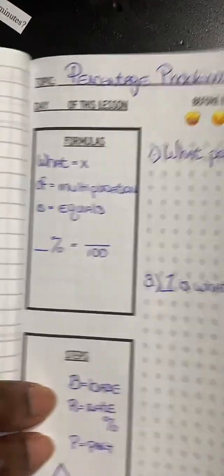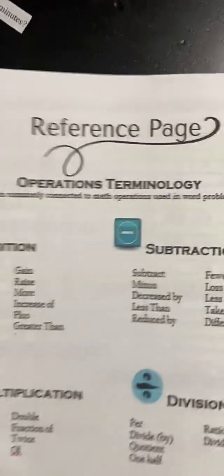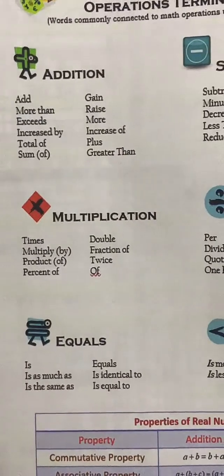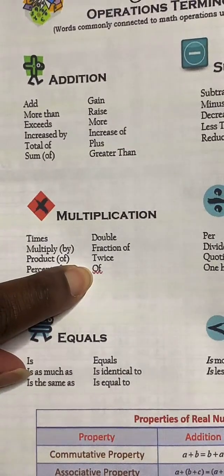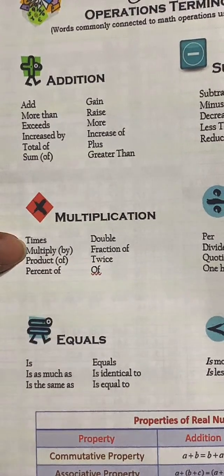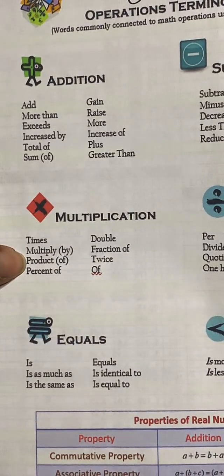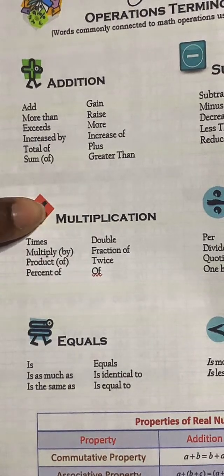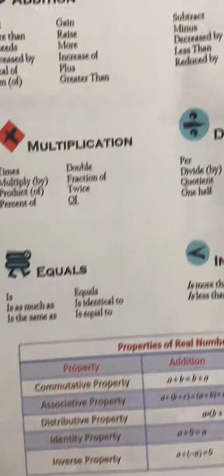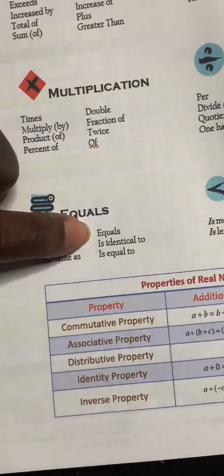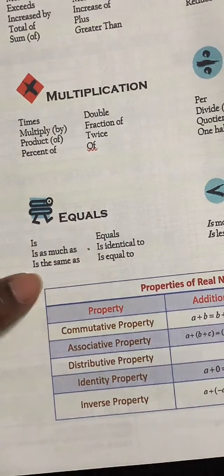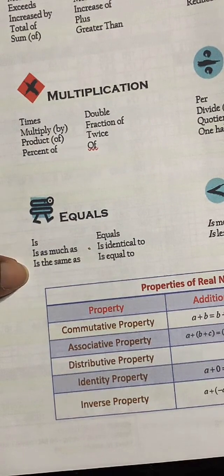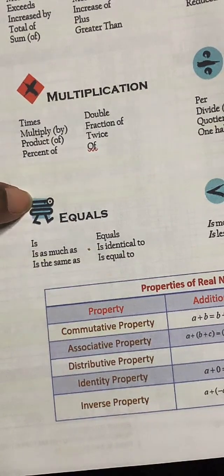So in my handy dandy notebook, if we take a look at multiplication, we have the word of. You might see it as multiplied by, product of, percent of. That means multiplication. With the word is, sometimes you might even see it as equals, is identical to, is equal to, is the same as. As long as it has that word is in front or involved, that's going to be equals.